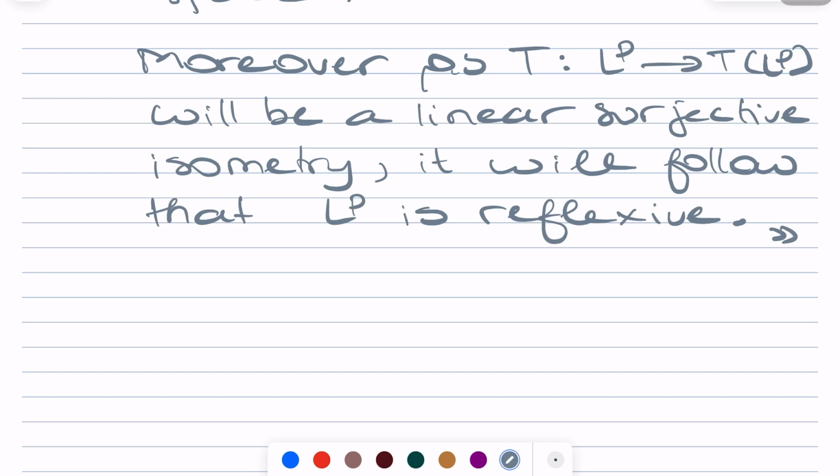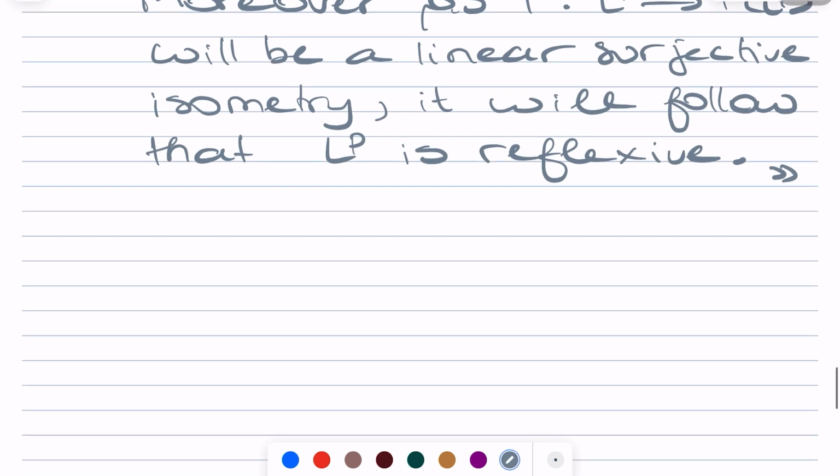In fact, why would that imply that LP is reflexive?